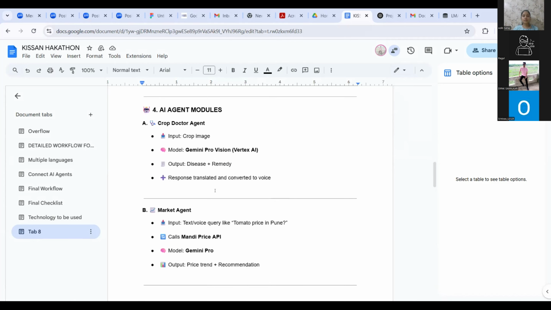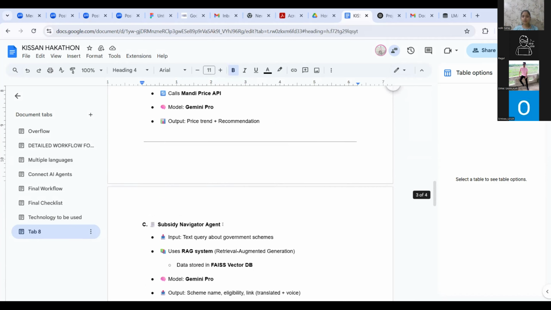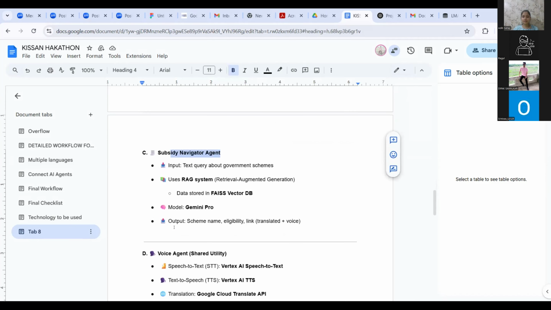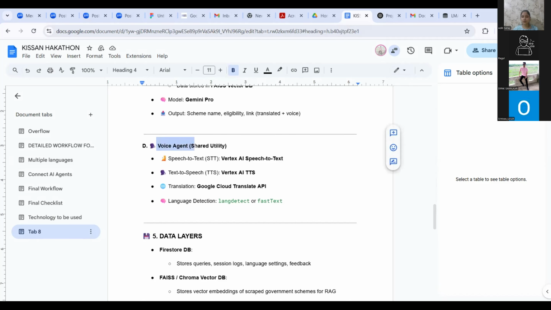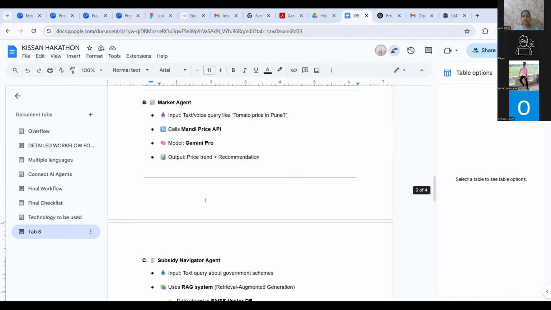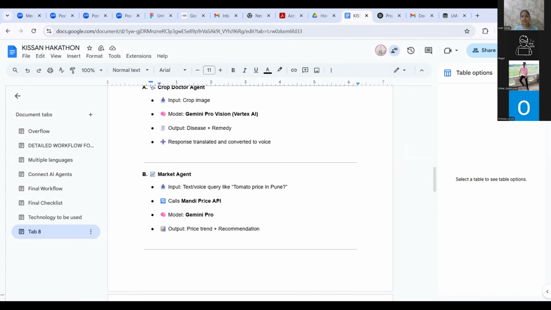Now, moving on to the next part, which would be our AI agent modules. First one would be the crop doctor agent, second the market agent, third the subsidy navigator agent, and fourth the voice agent. As we already know, crop doctor will tell us about the disease and remedy.